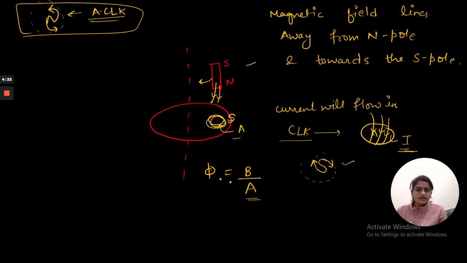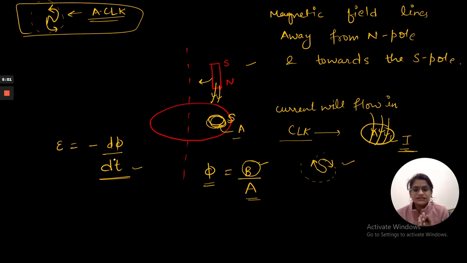If the flux is decreasing, the changing magnetic field will produce an induced EMF, and the induced EMF will be such that it will oppose the change in the flux.